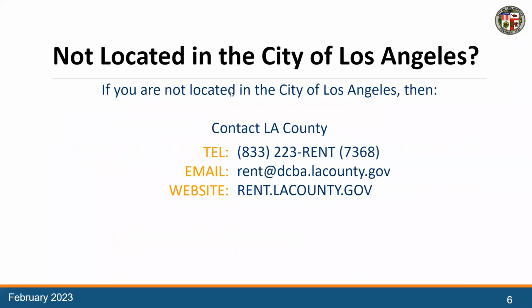The contact number for the county is on the screen, so you can call the toll-free number 833-223-7368, or you can reference the email address on the screen or the website for further information if that unit is not located in the City of Los Angeles.